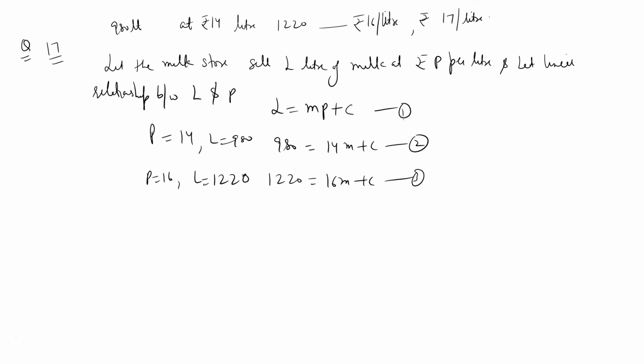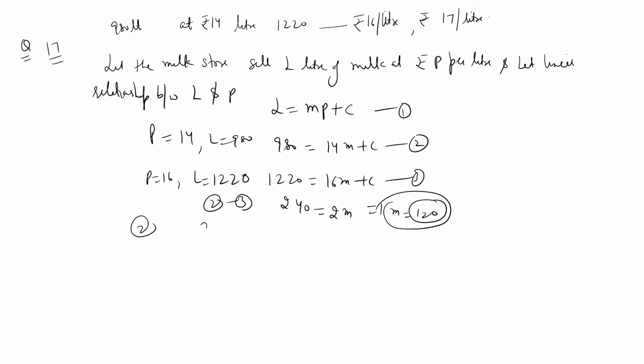Right? So subtract 2 from 3. So it becomes 240 is equal to 2m. You can clearly see, so m is 120. Okay. Now put it in equation number 2 to get the value of c.